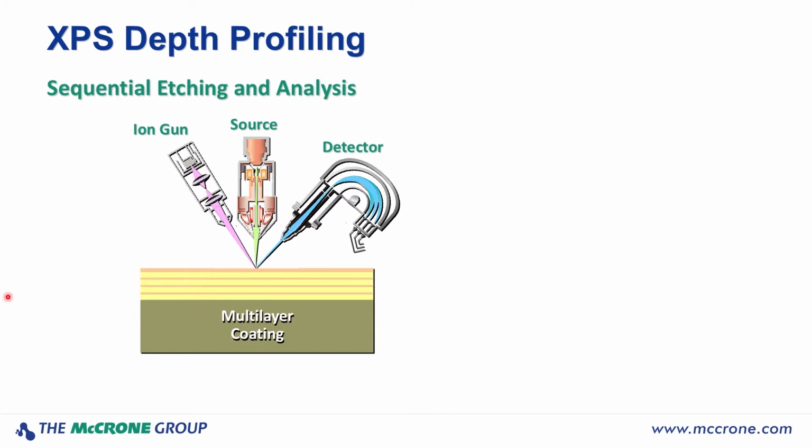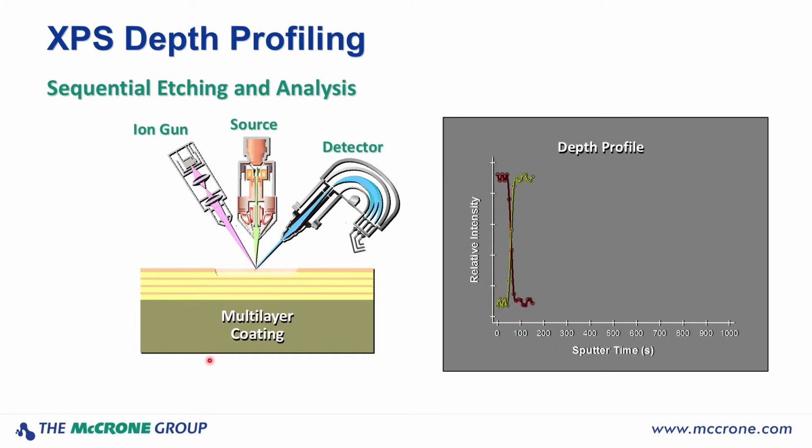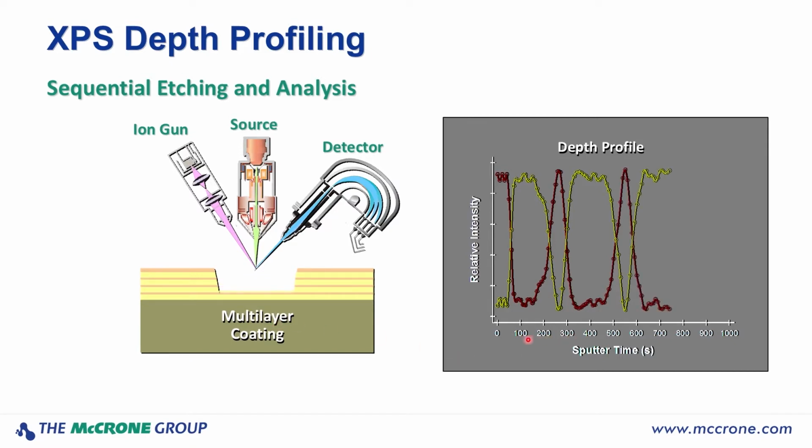But if we're able then to etch into the material, as we expose the underlying layers, we can build up a profile of the material into the depth of the sample. So we're going to present the sputtering time with the ion gun, which could also be converted to a depth with the proper standard, versus the intensity. And as we etch into it, we expose, in this case, the layers that we've colored in gold and yellow to build up our depth profile over time.